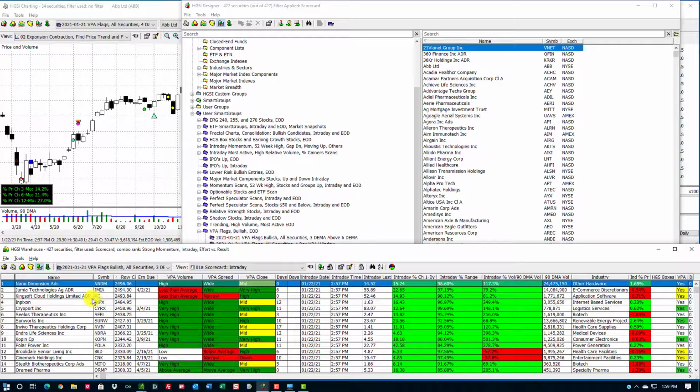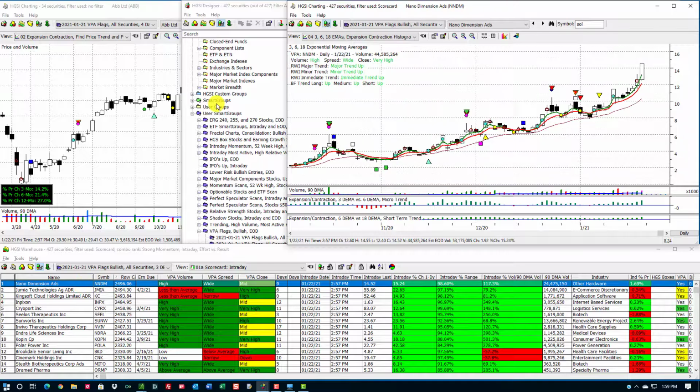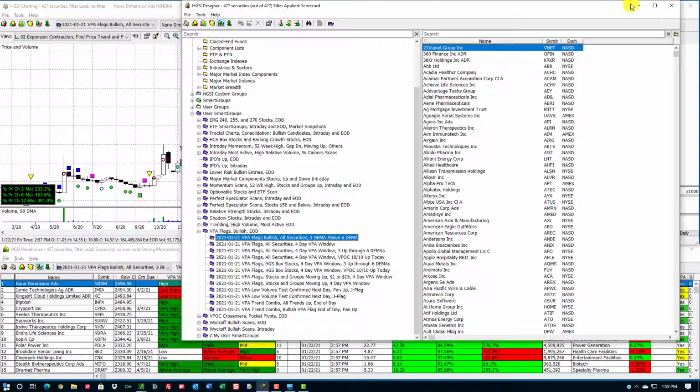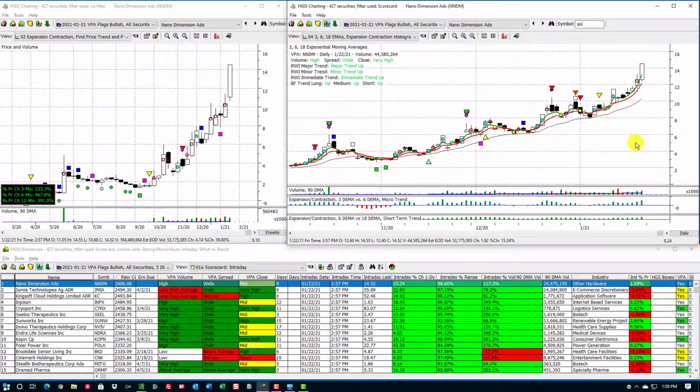Now let's just start with Nano Dimensions, NNDM, and I'll show you what I'm looking for here. This stock is at its high of the day. It's at a breakout, and I had a bullish flag yesterday, and notice that the 3 is well above the 6.